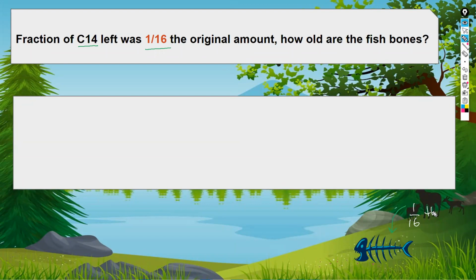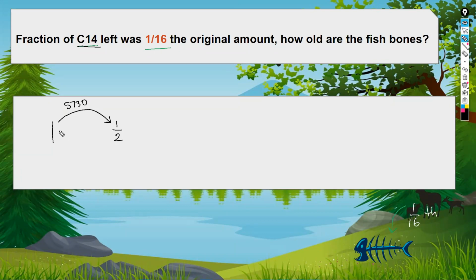Do you think we can calculate the age of these fish bones? And it's very, very easy. When the fish bones was living, the amount of carbon-14, we're going to represent it with 1. The number 1 means it had all the carbon-14. After the first half-life of 5,730 years, how much would be left?